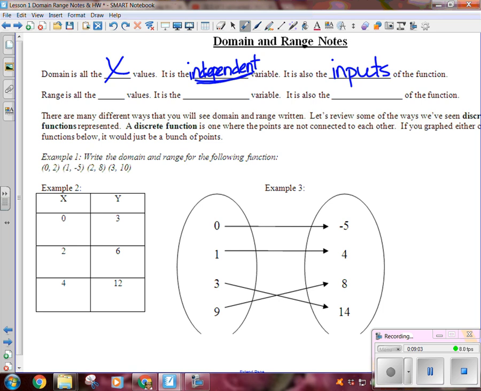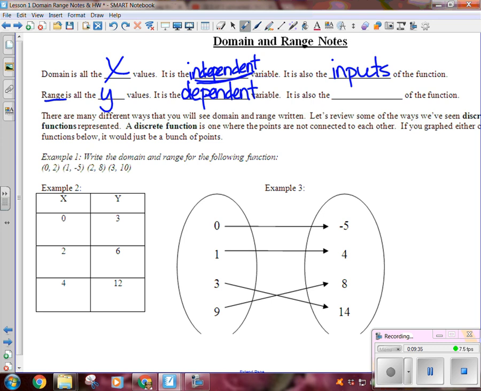Those are the numbers that go into the function, and what comes out is the answers or the y values. The word range, these are the y values. It is the dependent variable. These are going to be graphed in science class on the up and down y-axis. So if I was doing a science experiment, and so after every 10 seconds I measured the temperature, I could control if I measured it every 10 seconds or maybe 30 seconds or even every minute.